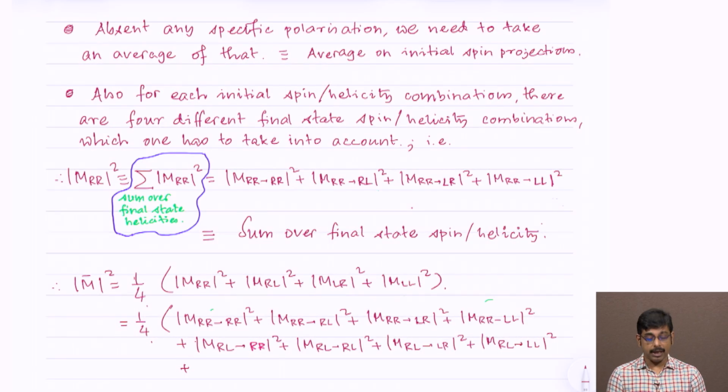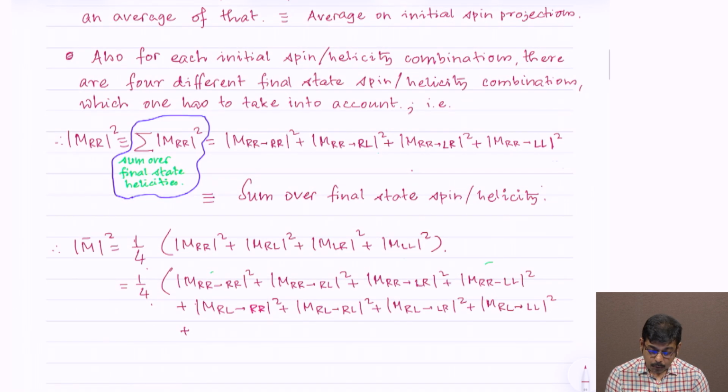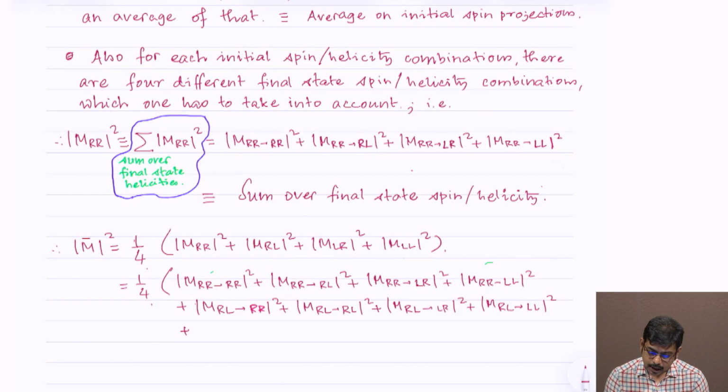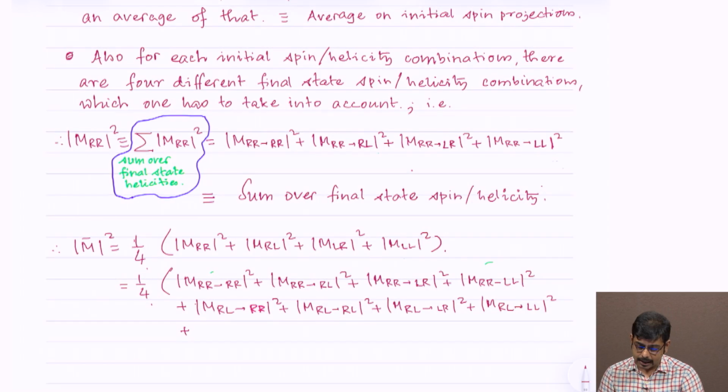So, what does it mean? That mod of M bar square is essentially 1 by 4 of the sum of the different combinations: mod of M_RR square plus mod of M_RL square plus mod of M_LR square plus mod of M_LL square. In this notation, the initial state helicity combinations are explicitly mentioned, not the final ones.